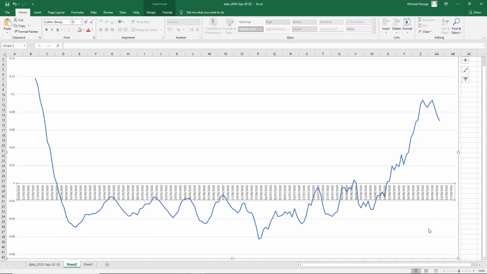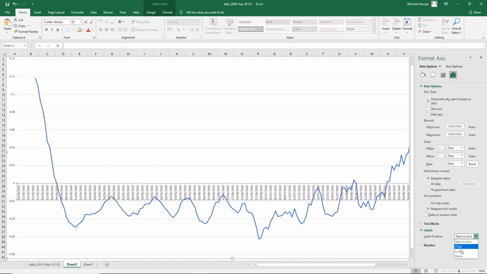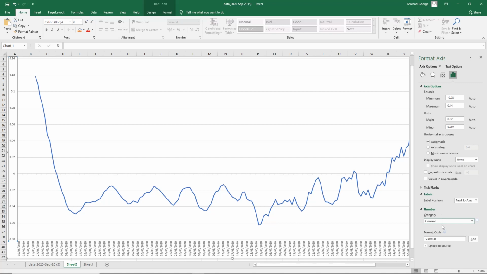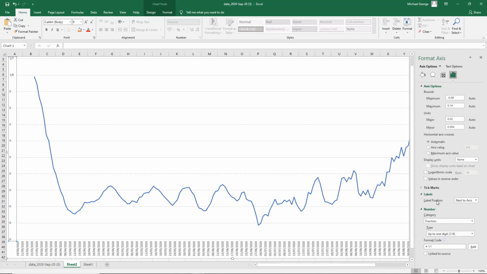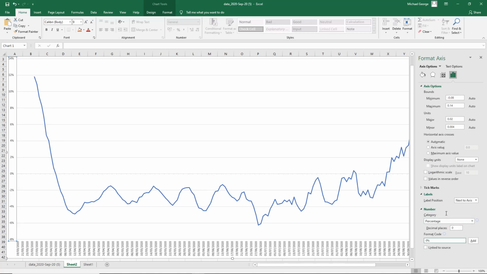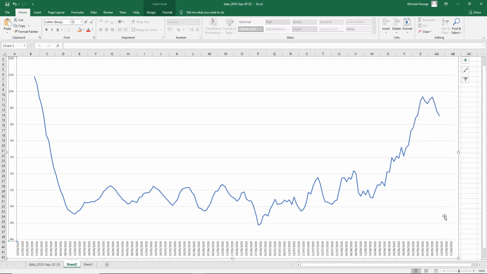We're going to put the data labels at the bottom so they're not obscuring the data. We're also going to format the axis labels so it's showing a percentage, and we don't actually need any decimal places on that. So this will be the graph that we're going to work with.